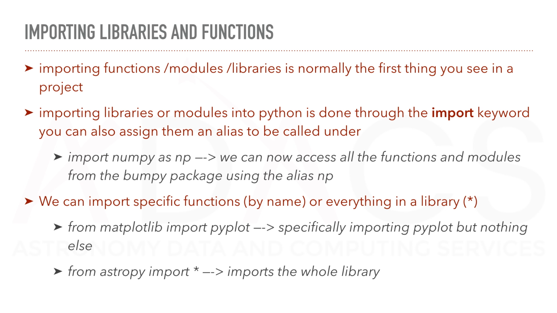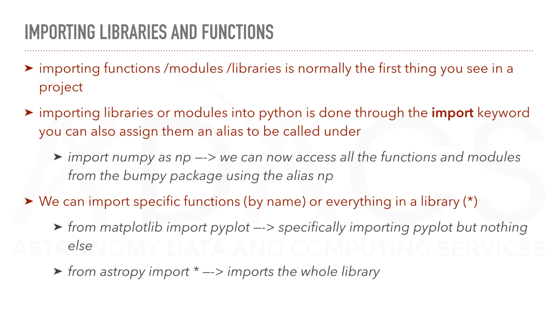To set an alias, you state import. Here in the example, we're loading the package numpy, so import numpy as np, where np now is the alias. We can now access all of the functions and modules from the numpy package using this alias. When loading only a specific function, here from matplotlib import pyplot, it will only load the one function that we have specified.